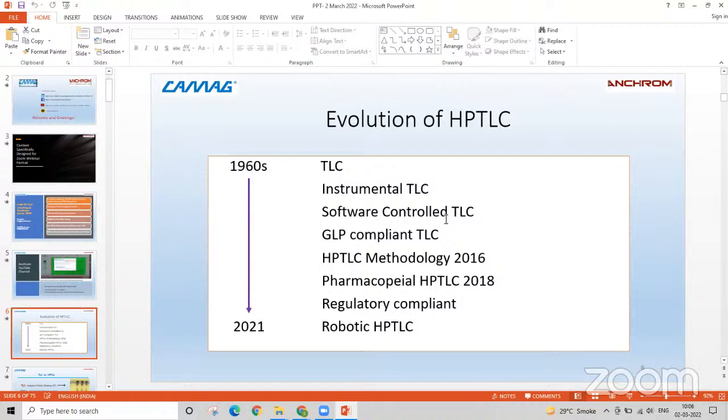Now we have instruments, we have software controlling the instrument, we have a system which is GLP compliant, and we have standardized methodology, standardized by United States Pharmacopoeia, which meets regulatory compliance. And the future of HPTLC is HPTLC Pro, which is robotic HPTLC, in which manual steps are completely removed and everything is automated.